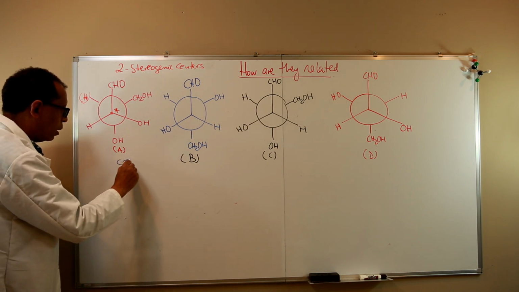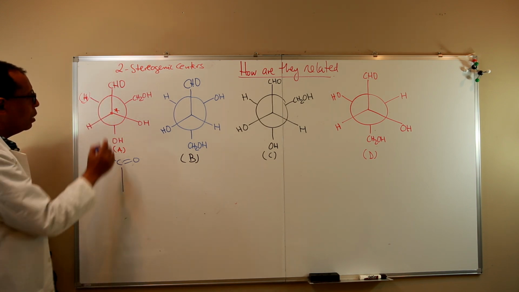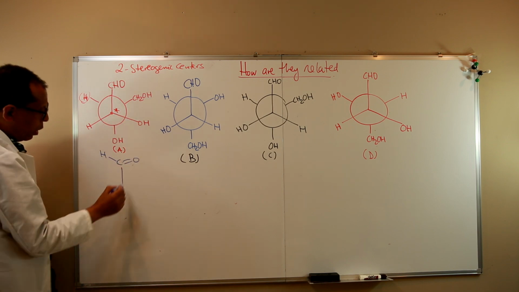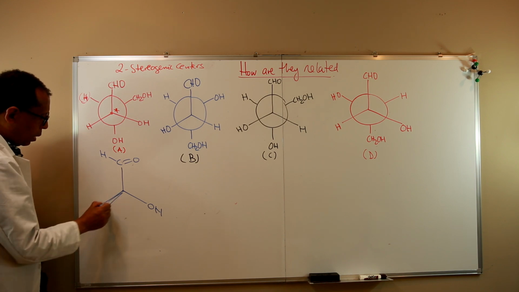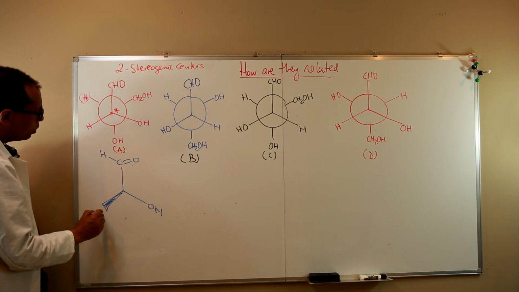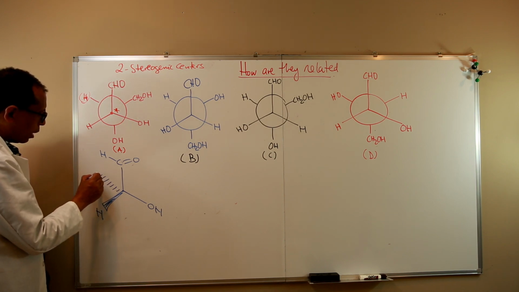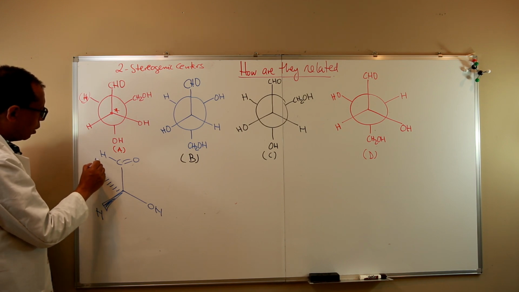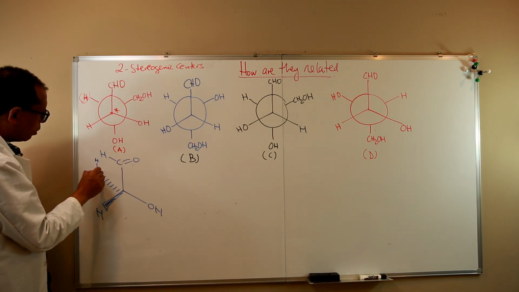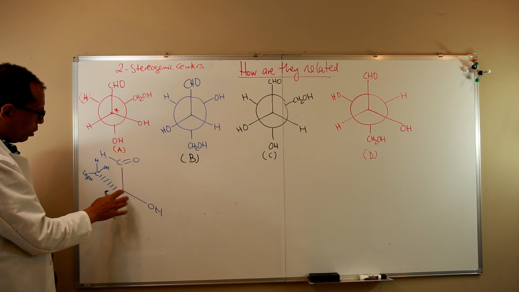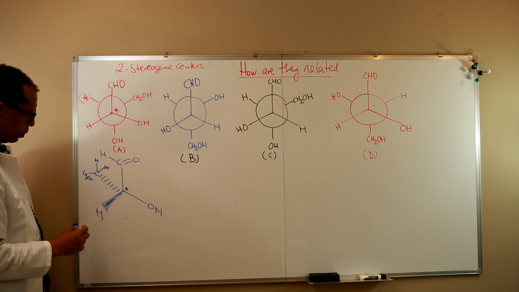I'm drawing for the front carbon, CHO and OH in the same plane, and I have H here, and that whole group of the back carbon is at the back. So that carbon contains hydrogen, CH2OH, and obviously it has OH as well. I'm just considering this one as the most important one at this point.